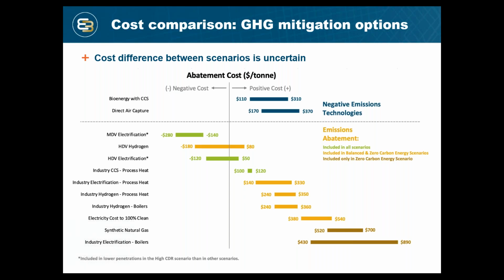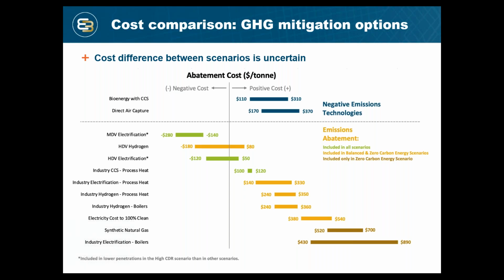So you can see there's quite a range here. And at this point, given the uncertainties, we can't conclusively say of the three scenarios that we're evaluating which scenario might be lower or higher cost. There's just too much uncertainty here.